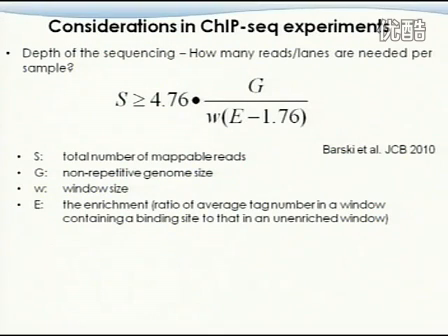The third one is E, which is the enrichment, the ratio of average tag number in the window containing a binding site to that in an unenriched window. Let's say E is equal to 2. That means you want the binding region to have double the enrichment of the background region.